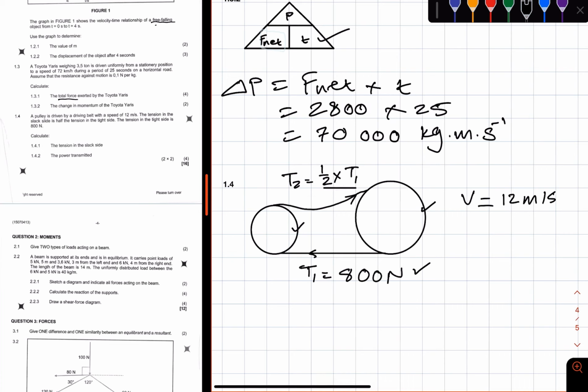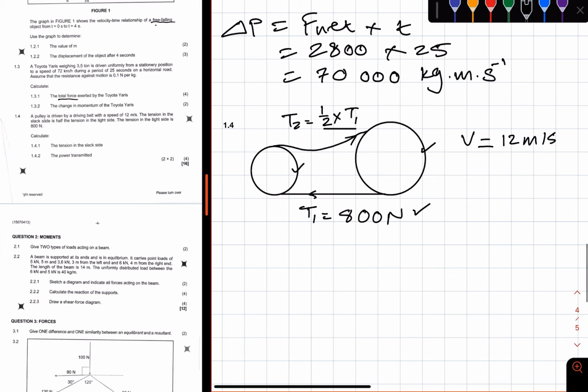So T2 is equal to half of T1. It is important to always try and draw or show a visual depiction of what is in the problem.